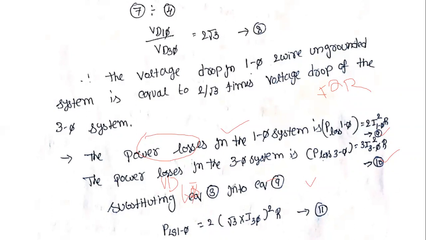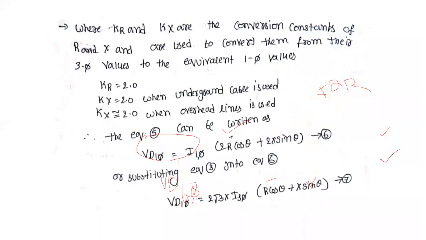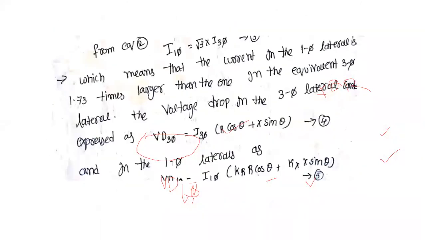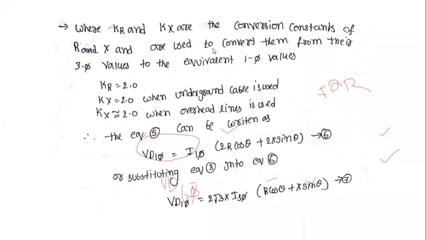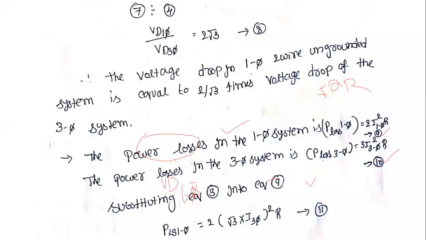Substitute equation number 3 in equation number 9. What is equation number 3? Equation number 3 is I single phase equal to √3 into I three phase. Substitute that in this equation.